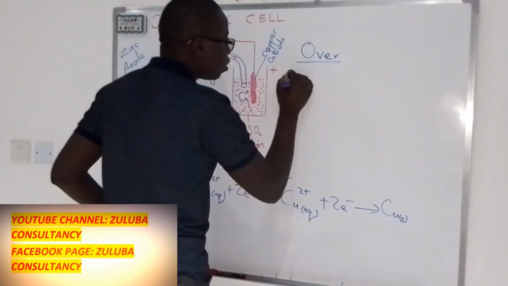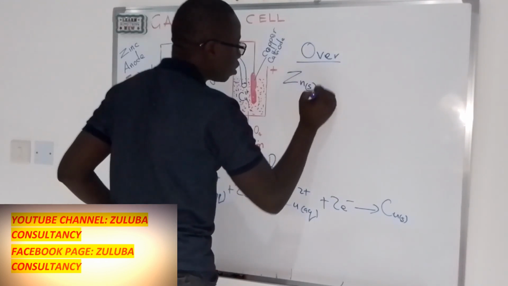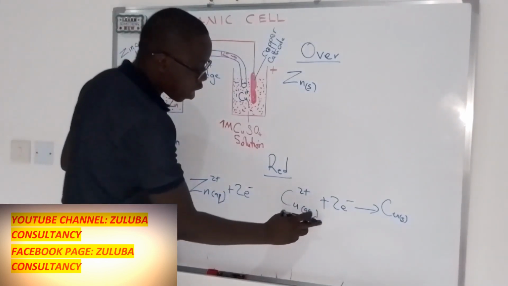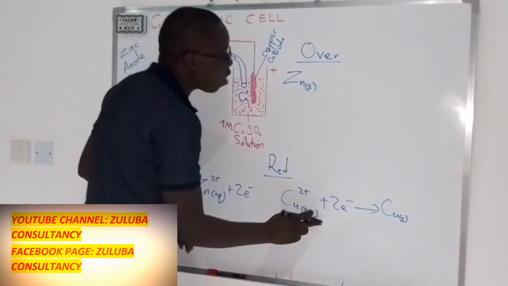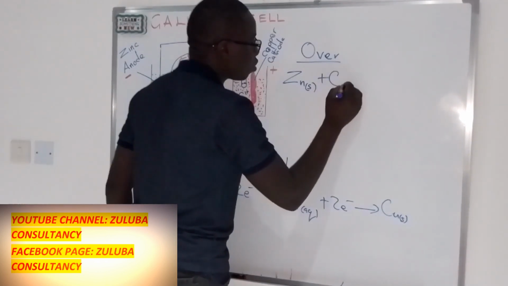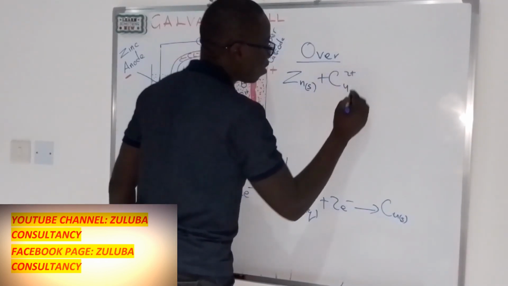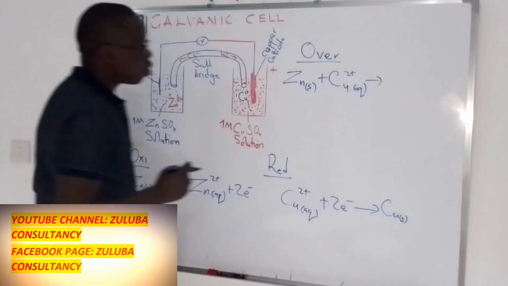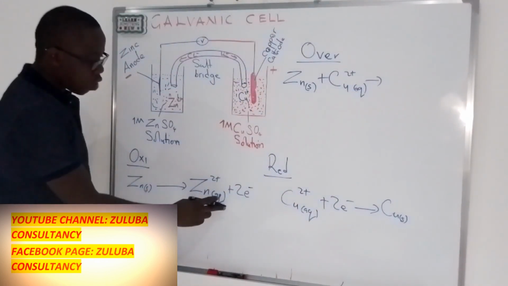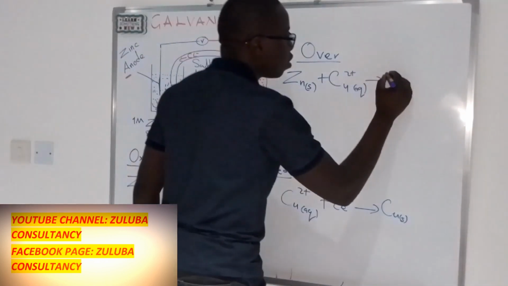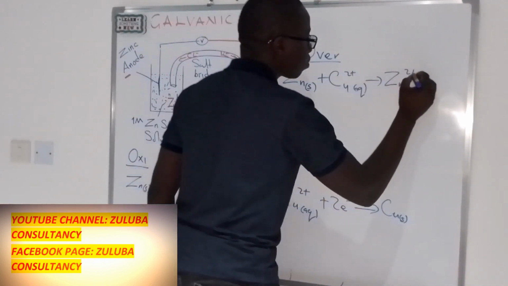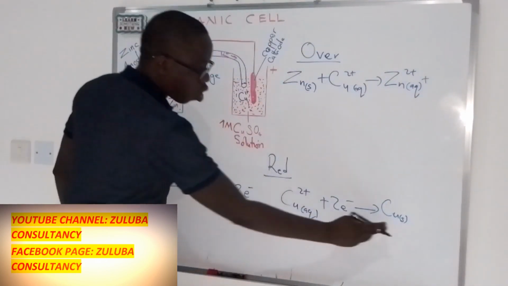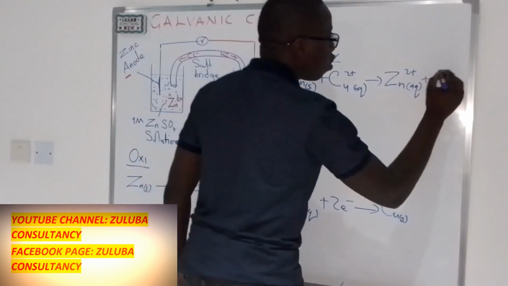So we have zinc, which is solid, on the reactant part of the oxidation. Then we have copper ion, which is aqueous, on the reactant part of the reduction. Then this is producing zinc, which is aqueous, on the oxidation, and copper, which is solid, on the reduction.